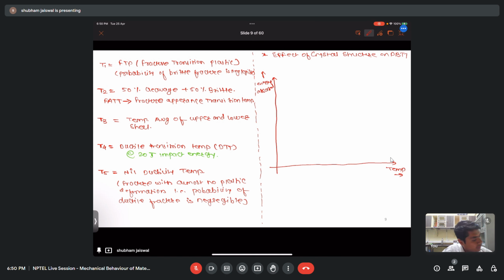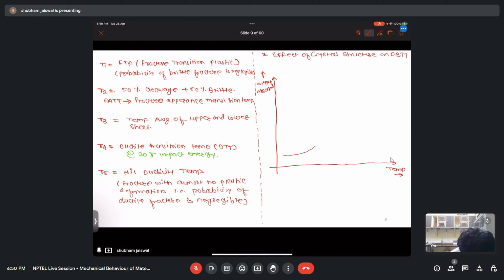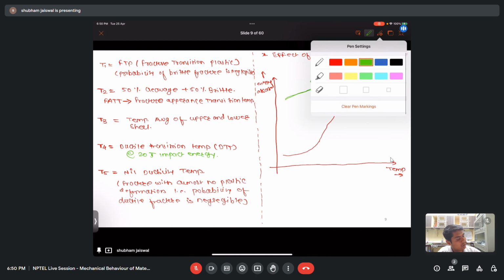Here we can see that we have one S-shaped curve, and then we have this curve for FCC and HCP materials, or we can say for low strength material.